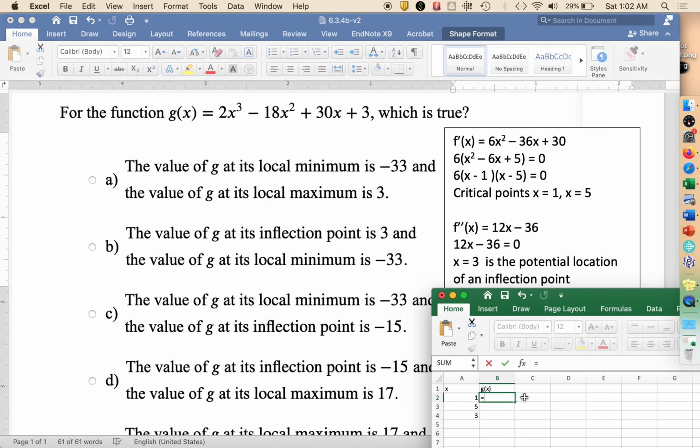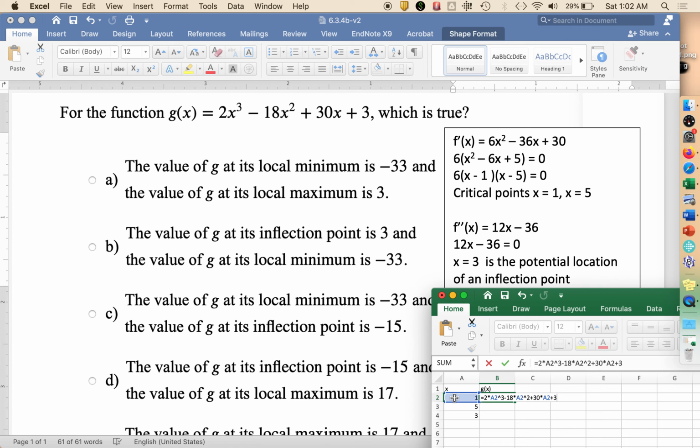And I want to do equals 2 times the x cubed minus 18 times the x squared plus 30 times x, and I'm just clicking on the A2 cell, I'm not typing A2, and then plus 3.